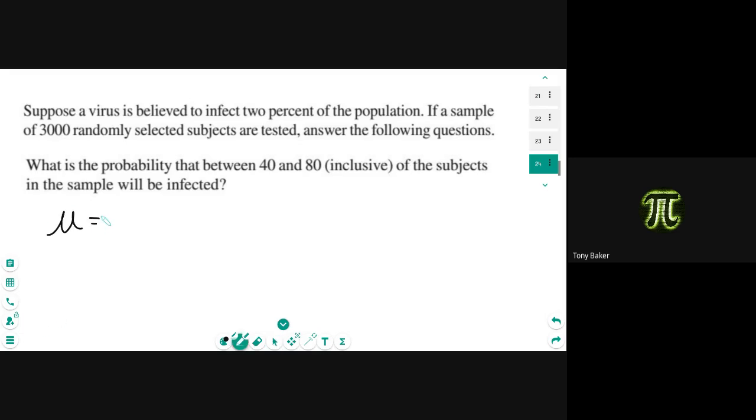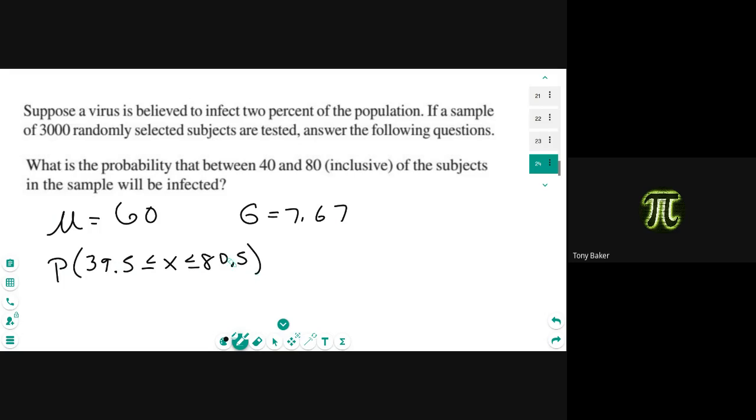So your mean is 60. So then we're looking for 39.5 to 80.5, if we're looking at between 40 and 80.